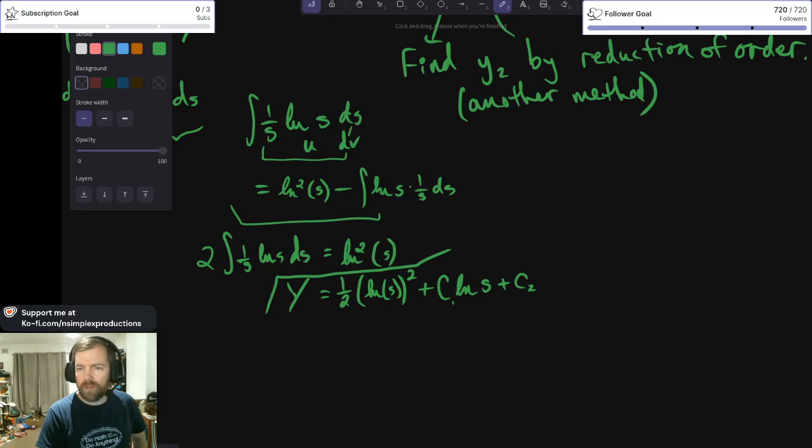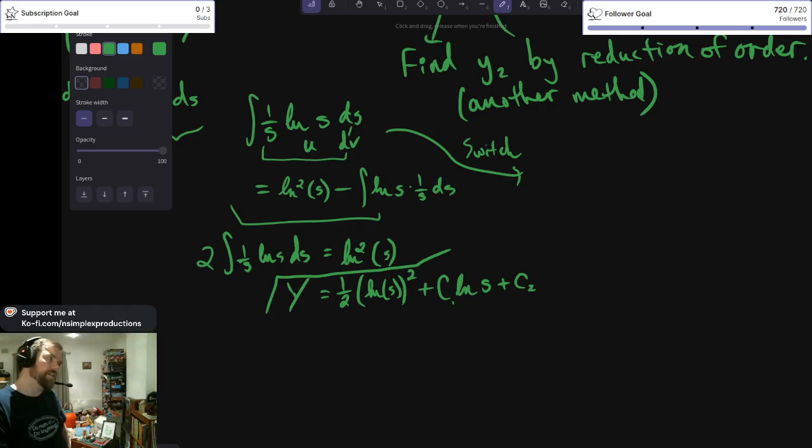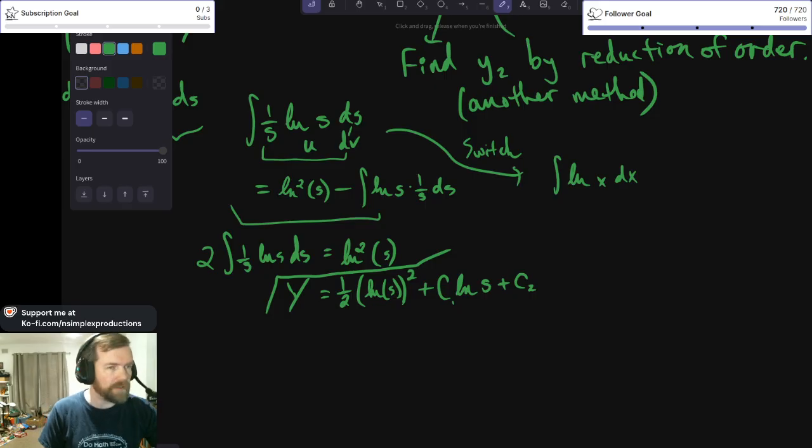So if we go the other way, can we integrate natural log? Wait. Yeah, you're right. Can we integrate natural log? There's no natural log in the Laplace table.